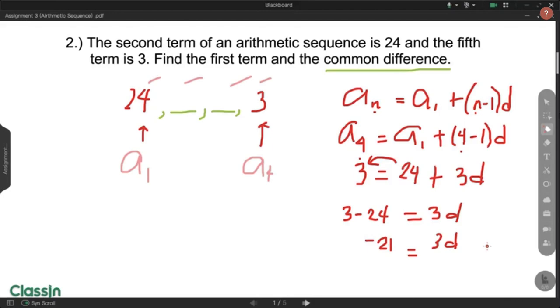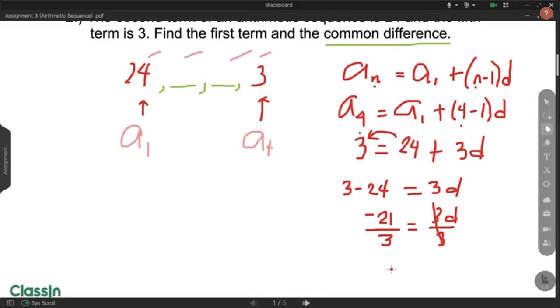You can multiply both sides of the equation by 1/3 or simply divide it by 3. Okay, and so our answer for the common difference is negative 7 because negative 21 divided by 3 is negative 7.